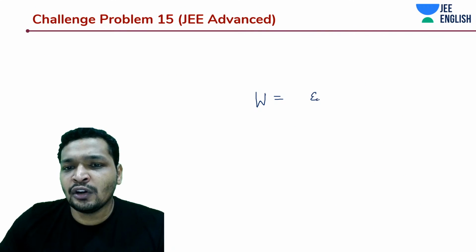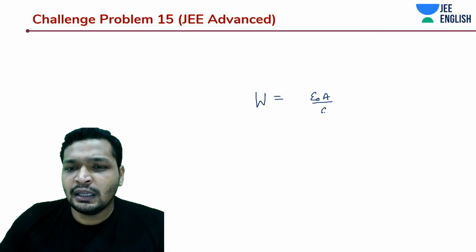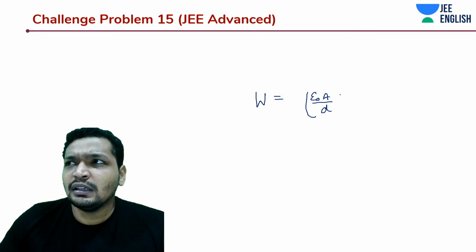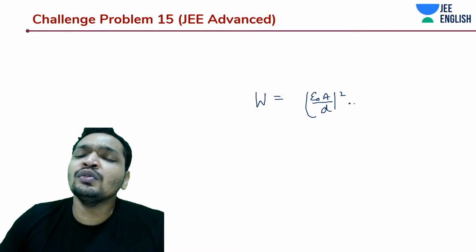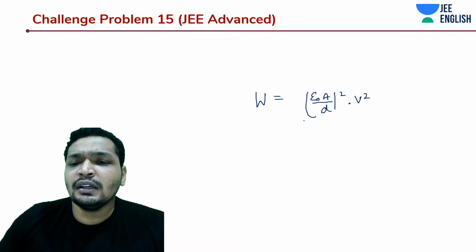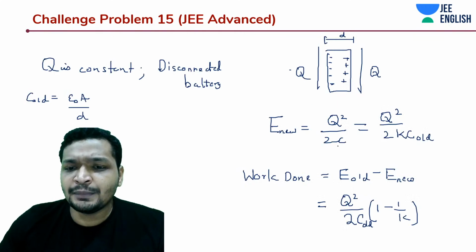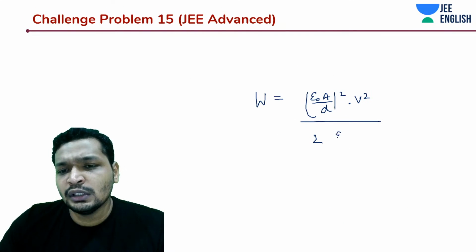That was epsilon naught A by D, whole square, divided by something like V square divided by 2 epsilon naught A by D. You can cancel out this and this.